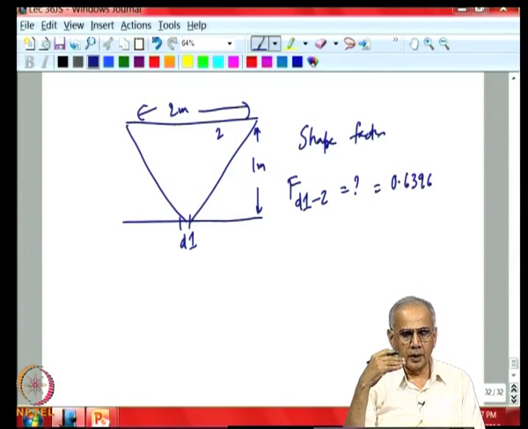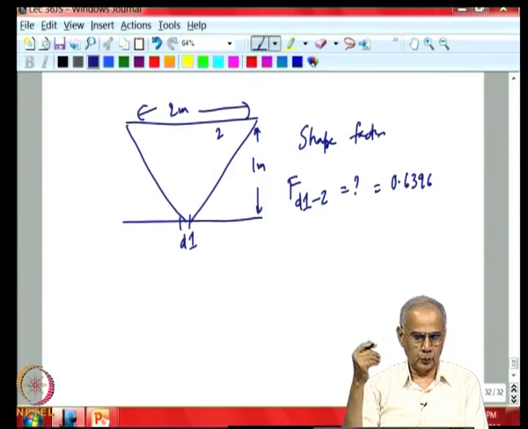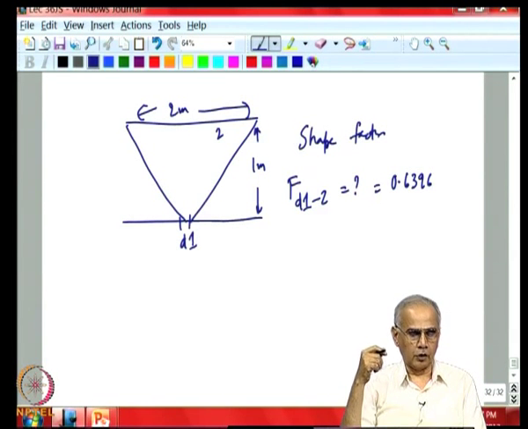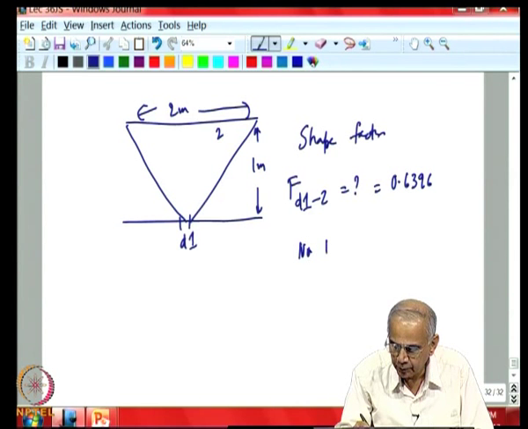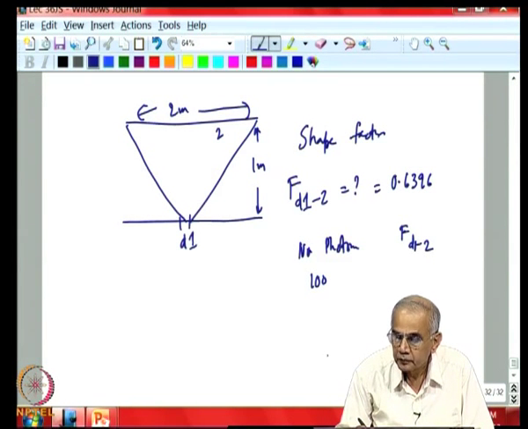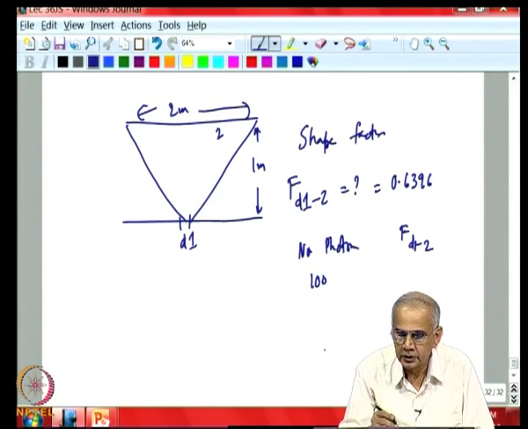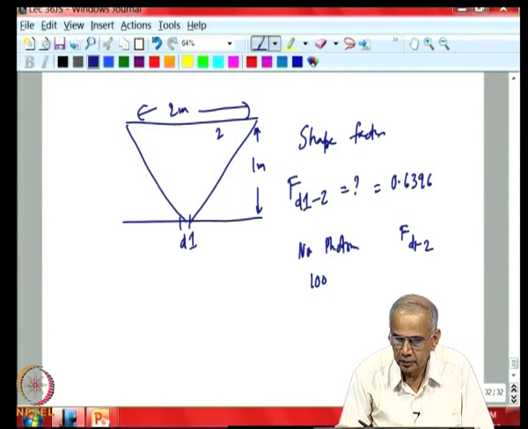For the simple problem we know the answer. Now, we run the same problem with Monte Carlo, and let us say we start with a number of photons and then find what the Monte Carlo is telling us. So, it is 100. In this case, this has been done by Professor Hubel and it is discussed in his review paper.